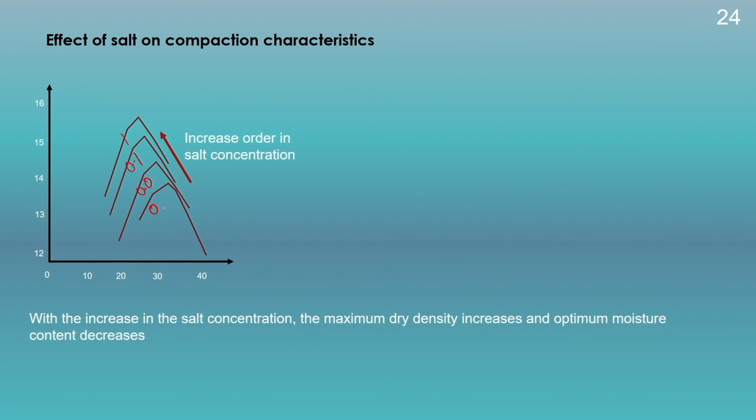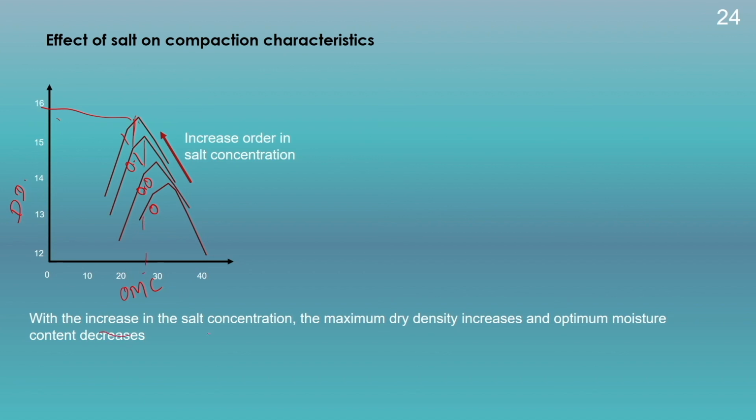So, as the salt concentration is increasing, the density of the soil will also increase, because the diffuse double layer thickness will decrease. As the diffuse double layer thickness decreases, it will allow the particles to come to a closer spacing. Therefore, the dry density of the soil will be increasing, and the optimum moisture content of this soil will start to decrease.